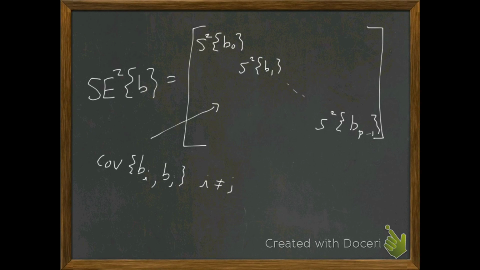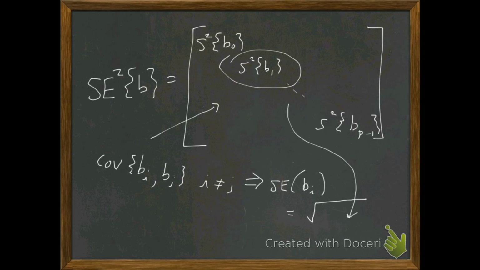If i was equal to j, it would be on our diagonal. So from here we can say that the standard error, for example, of b sub i will be the square root of whichever one of these on the diagonal that we need the standard error for. Don't forget to take that square root, boys and girls.